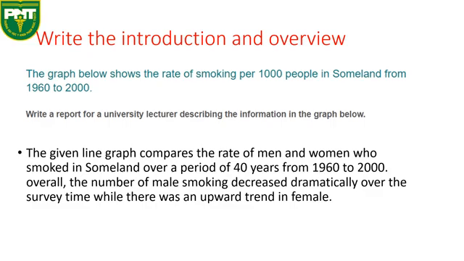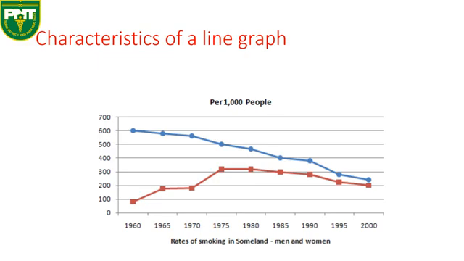There was an upward trend. Remember, for the trends we just have upward and downwards. We don't have increased trend or decreased trend. Right. Now, by looking at this line graph, can you think of the characteristic of a line graph? The key term is trend, that's it.